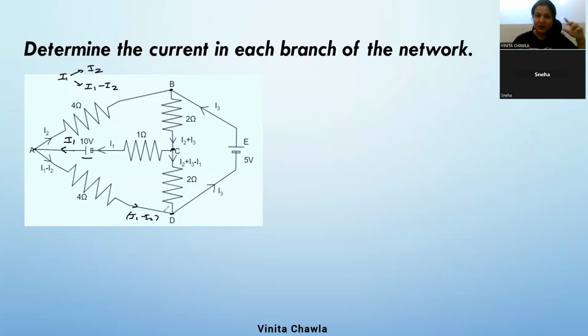I2 एक प्लस का एक माइनस का, खत्म. I1 प्लस का एक माइनस का, इधर खत्म. तो बचा I3. I3 will go to this. क्लियर है?